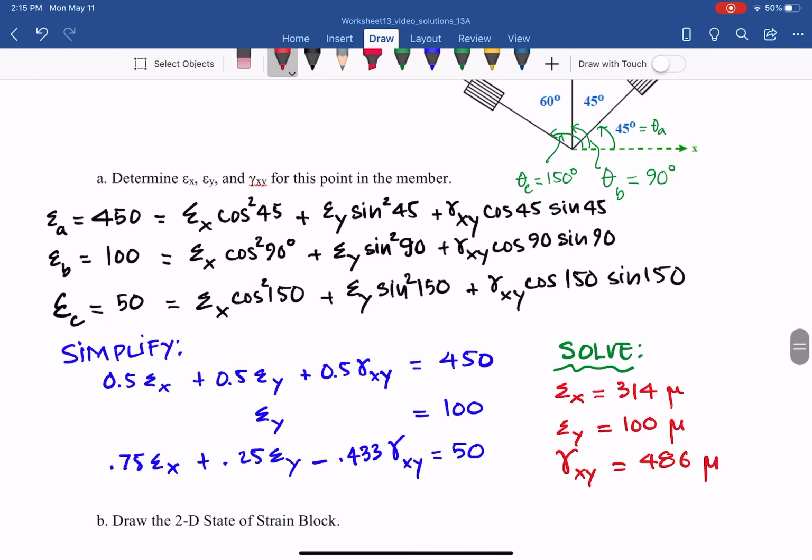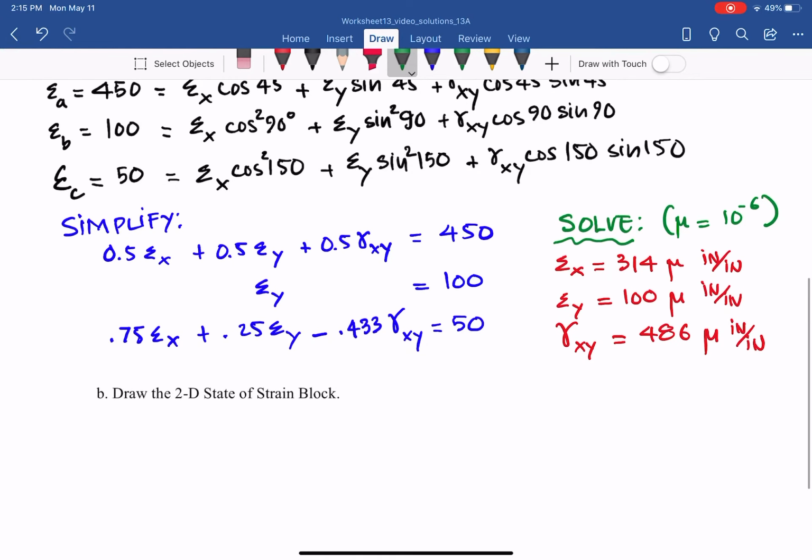If you want to write down the unit, it will be micro inch per inch. If you also remember here, micro equals 10 to the power negative 6. That is because the strain or the deformation is very small, that's why we have it here.